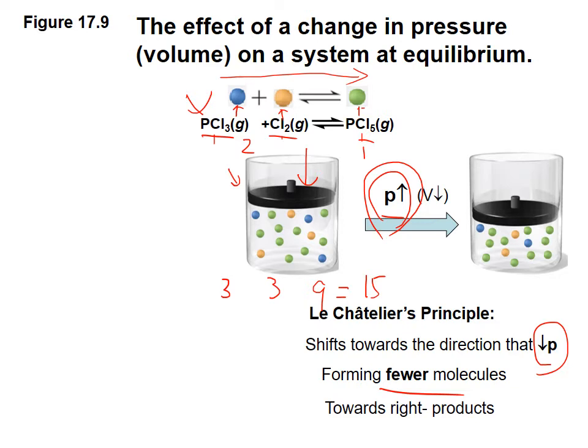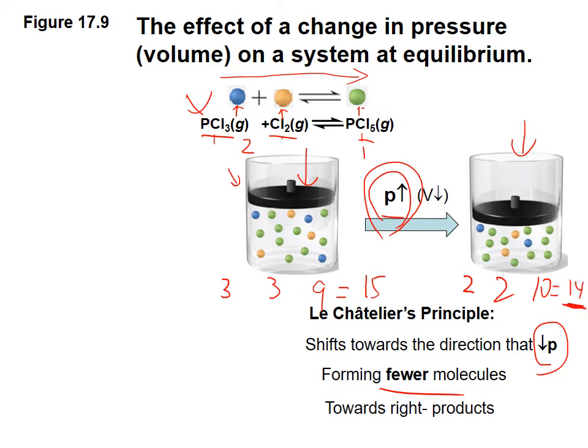More reactants become product, so that the total pressure will decrease. If you count the molecules in this new system, you will find that now you have 2 molecules of phosphorus trichloride, 2 molecules of chlorine, and 10 molecules of product phosphorus pentachloride, and the total is 14.